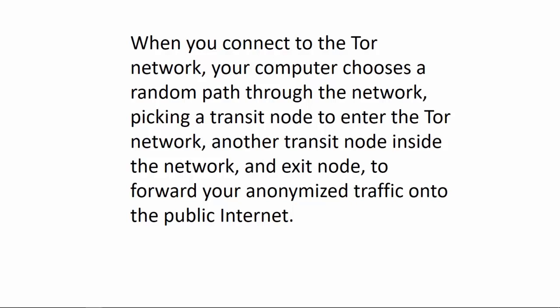The transit node you enter by can identify your computer's IP address and the IP address of the next transit node your computer has chosen for the circuit, but that is all. The second hop transit node in turn knows nothing about you or your intended destination, just the entry and exit nodes. And the exit node knows nothing at all about your system or your IP address, only the destination you want to reach.